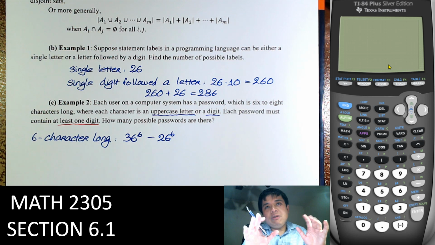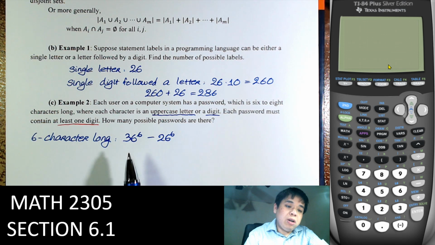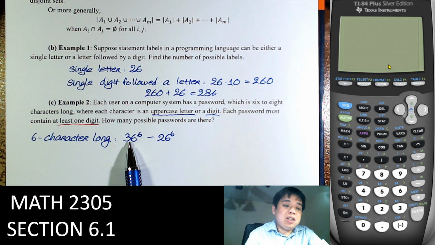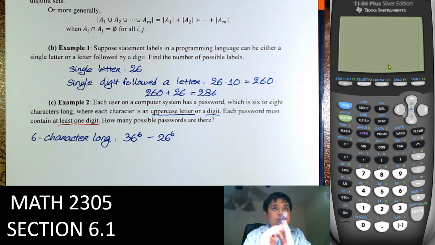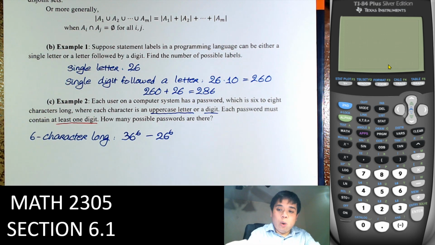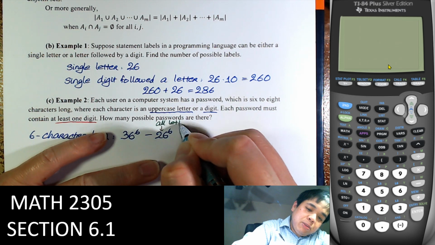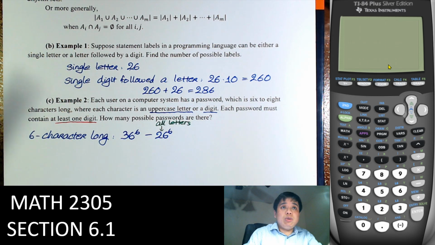If you subtract that out, we have to have at least one digit. So it is perfectly fine to have all 6 digits, but we cannot have 6 letters. So we have 36 to the 6, there are 6 spots, could be numbers or letters, doesn't matter, but we have to subtract the scenarios where we have all letters. 26 means all letters, to the 6 meaning all 6 letters, and so just do that.